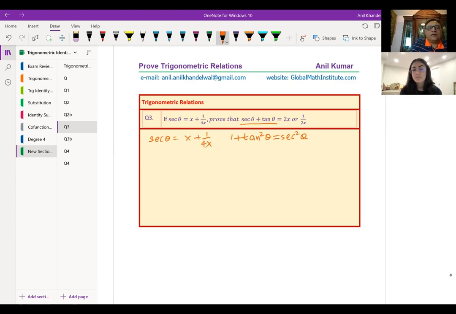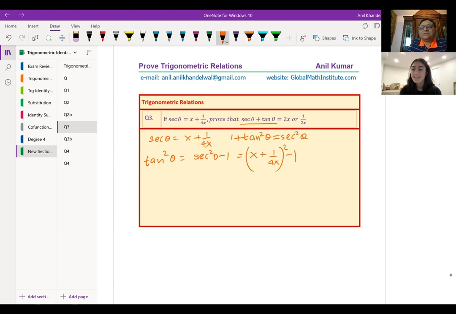We can write down that tan squared theta equals secant squared theta minus 1. Is it okay? So we know what secant squared theta is, which is x plus 1 over 4x whole squared, minus 1, correct? We substituted the value given to us.